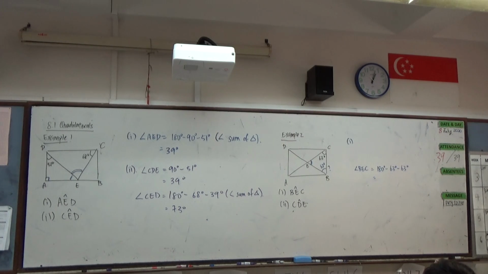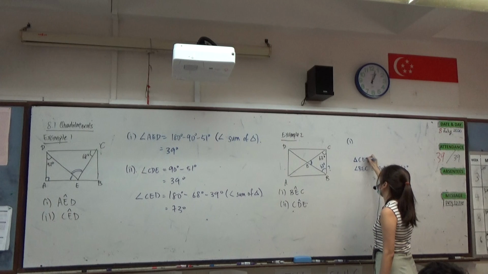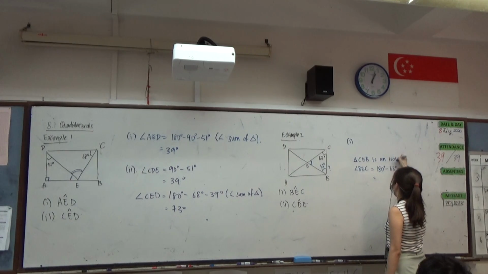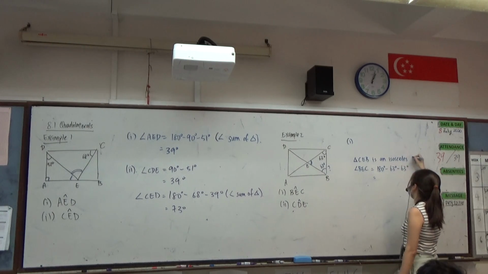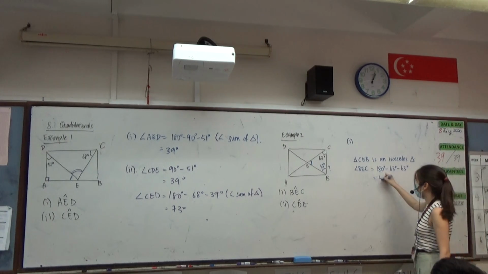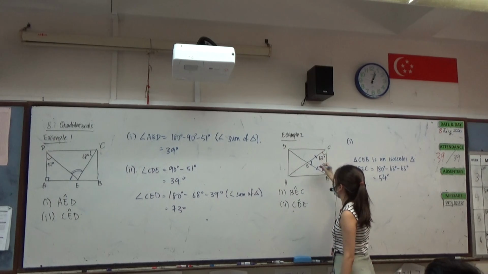Yes, Glenn? Okay, why is triangle CEB an isosceles triangle? So why is that so? Why must CE be equal to BE?